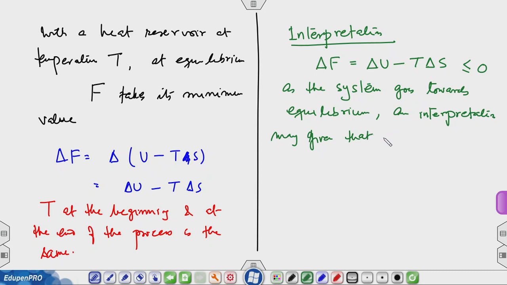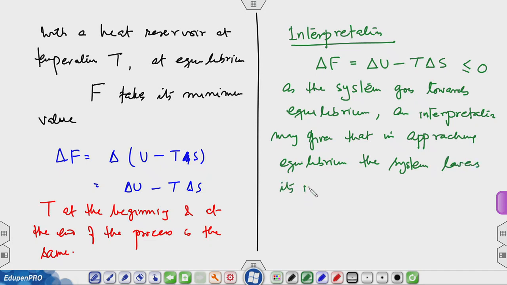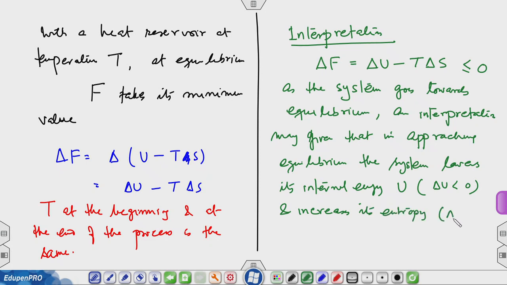that in approaching equilibrium, the system lowers its internal energy U, so that delta U is less than 0, and increases its entropy, so that delta S is greater than 0 and minus T delta S is less than 0.